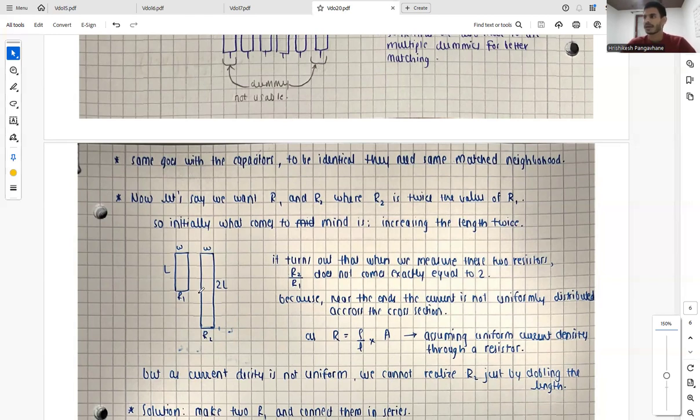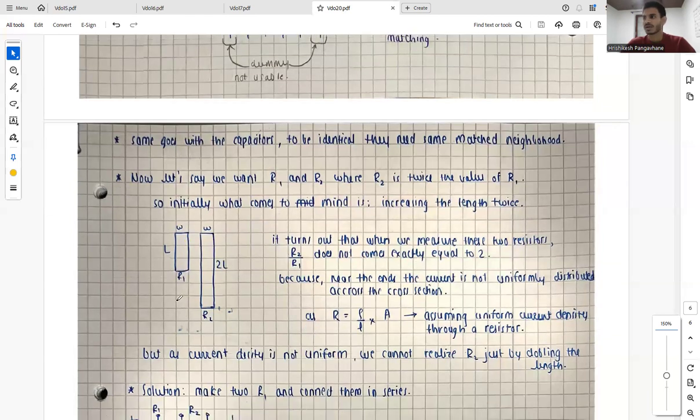And it turns out that when we measure these two resistors after doubling the length, the resistance of the second one is not exactly equal to twice the first resistor. Because near the ends, the current is not uniformly distributed across the cross section.